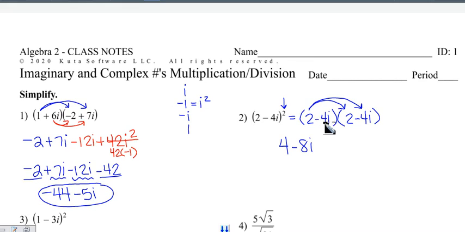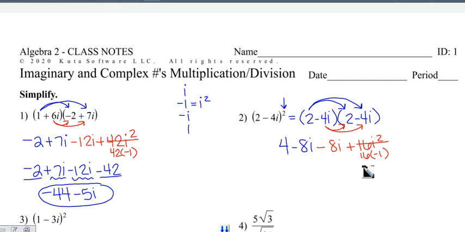Now, I'm going to take the second term in the first parentheses and distribute it to both terms in the second parentheses. That will give me negative 8i and positive 16i squared. Now, just like I did in problem number 1, I'm going to replace i squared with its value, negative 1. That's going to cause my last term to become negative 16. You don't have to go through this process of rewriting.